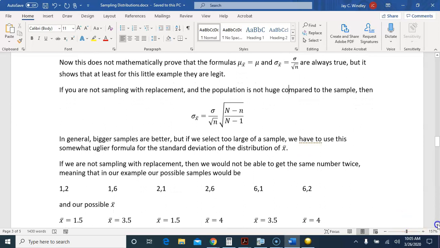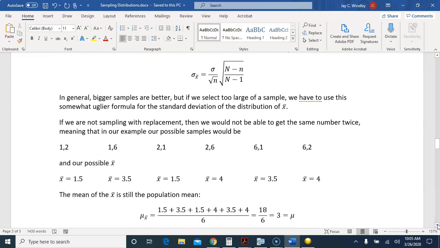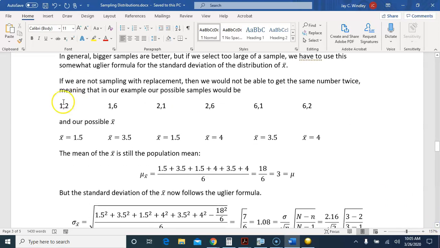So back to our example of our population of just 1, 2, and 6. If we were not sampling with replacement, then we wouldn't be able to get the same number twice. So now there's only 6 possible samples we could get, which results in these 6 values of x bar. Now the mean of the x bars is still the population mean.